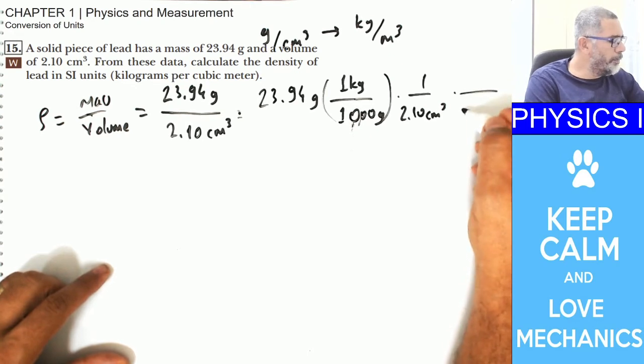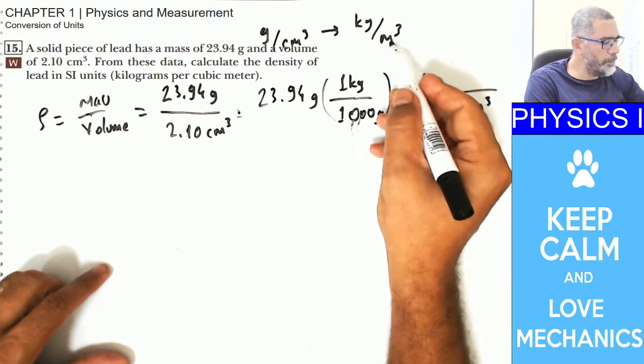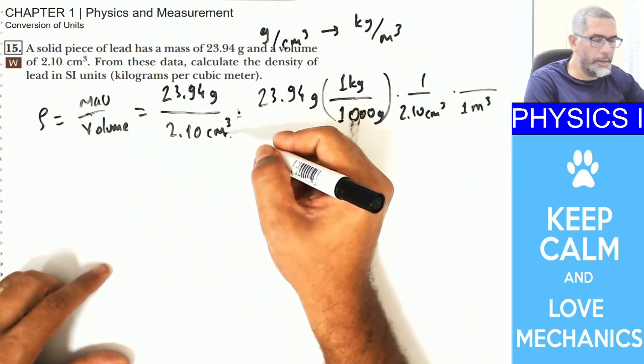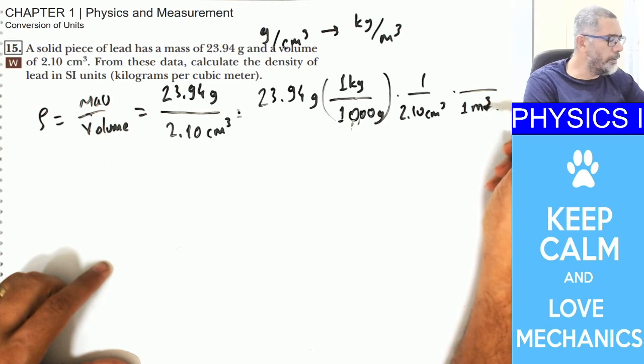Well, you put meter cube over here, 1 meter cube, because meter cube is going to be in the denominator, and how many centimeter cubes are in 1 meter cube?